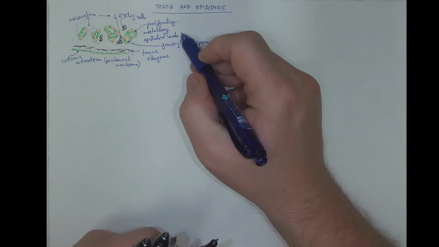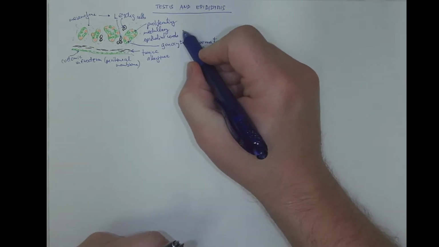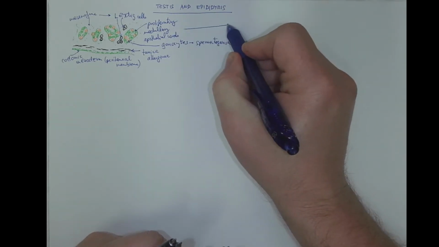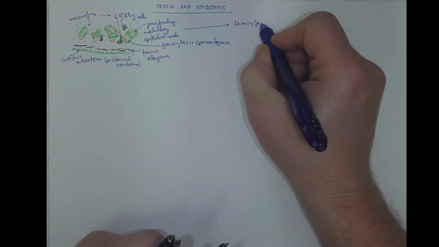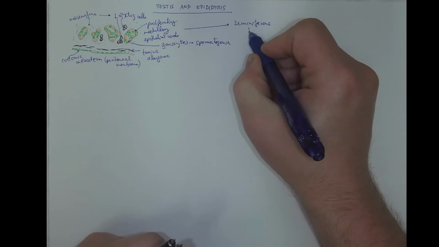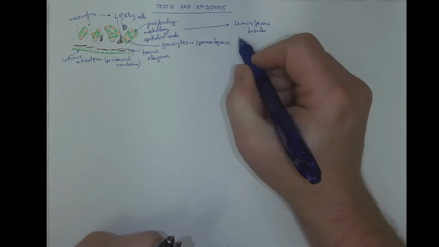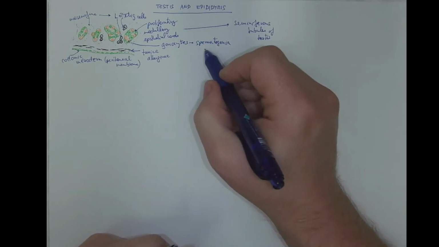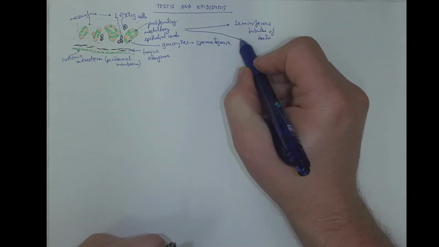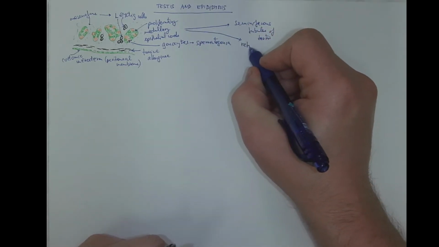These proliferating medullary epithelial cords will differentiate into seminiferous tubules of testis, and also into the rete testis.